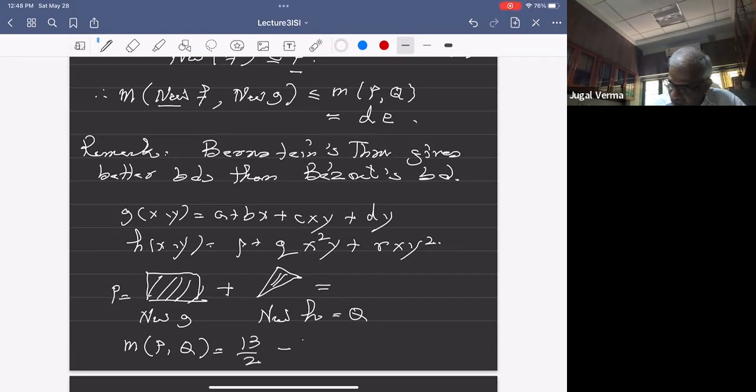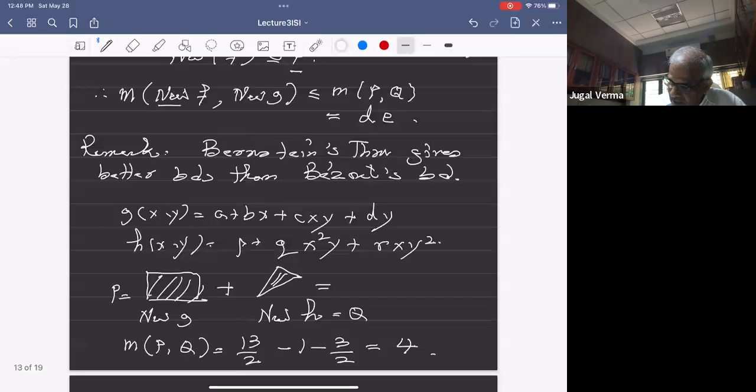The area of P is 1, the area of Q is 3/2, and the mixed area is 4. So it says that the number of intersections of the curves G equal to 0 and H equal to 0 will not exceed 4. But you see, the degree of G is 2, and the degree of H is 3.